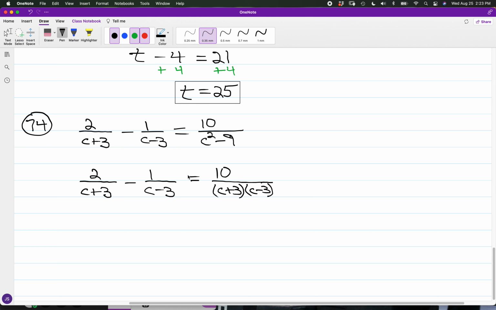So now in the expressions we have 2 distinct denominator factors in c. You have c plus 3 and c minus 3. C squared minus 9 is just a repeat of c plus 3 and c minus 3.